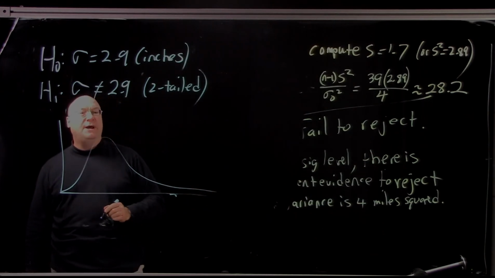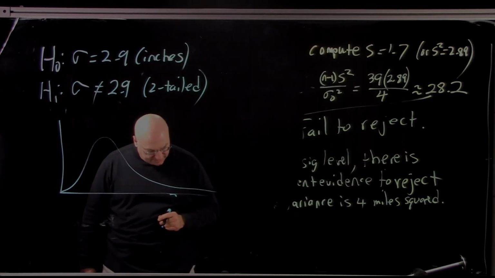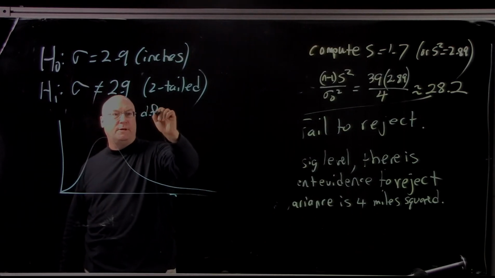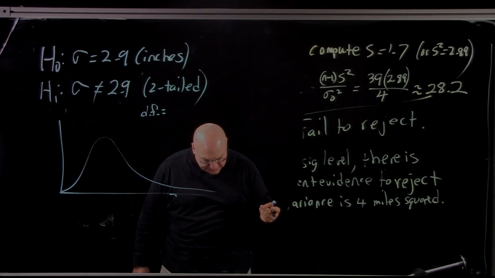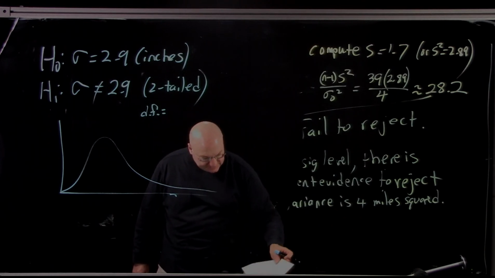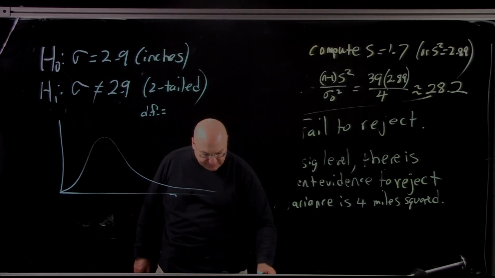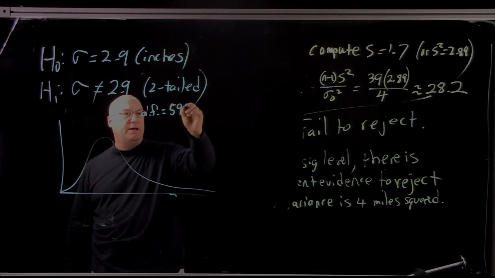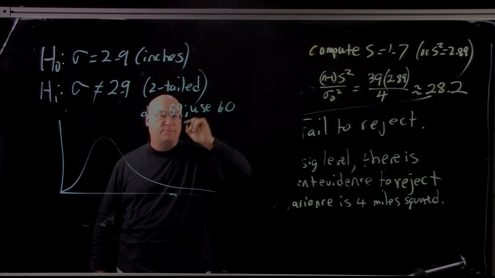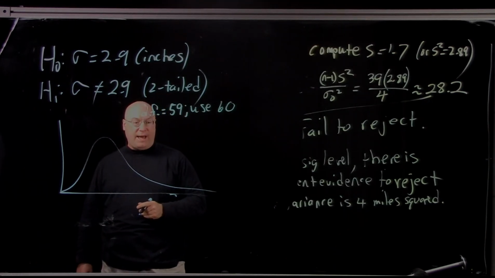Okay. We're testing, let's see, we're using a sample of size 60. Yeah, I say that here. Random sample of size 60 men. And so degrees of freedom is 59. I'm going to use 60 again because my table doesn't do 59.